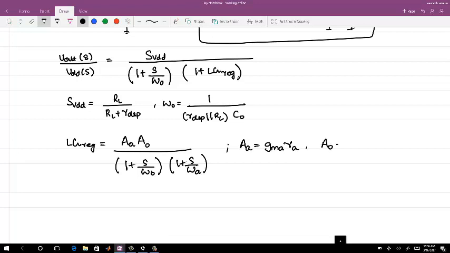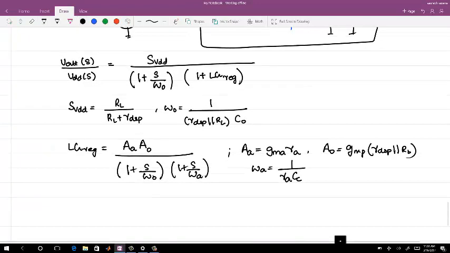The gain of the output stage is GM of the pass transistor times R output stage in parallel with RDSP in parallel with RL, and omega A is 1 over RA times CC.